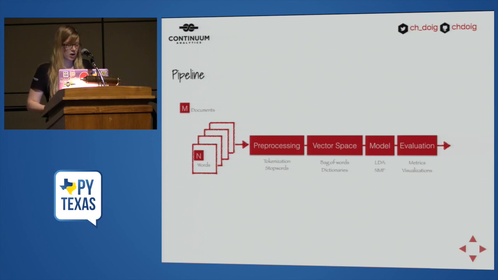In this case, we're going to talk about the pre-processing step and the vector space. In pre-processing, we're going to talk about tokenization and stop words. Then in the vector space, we're going to talk about the representation of bag of words and dictionaries. Then it's the phase of the model, the one we've just seen, selecting the model, the LDA, or alternatives like NMF that we're also going to talk about. And the last part would be the evaluation part.